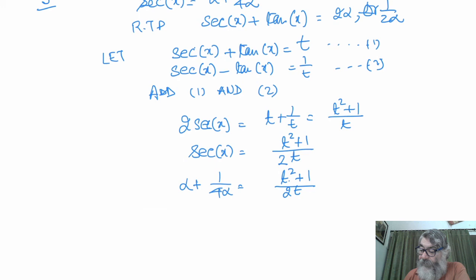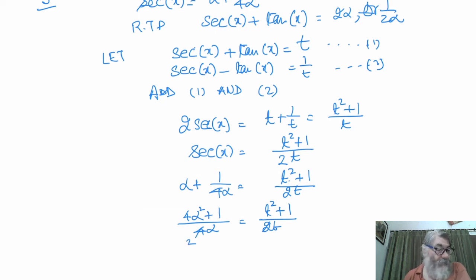Now when I take this, it will become 4 alpha square plus 1 upon 4 alpha is equal to t square plus 1 upon 2t. Let us cross multiply. This 2 will cancel.